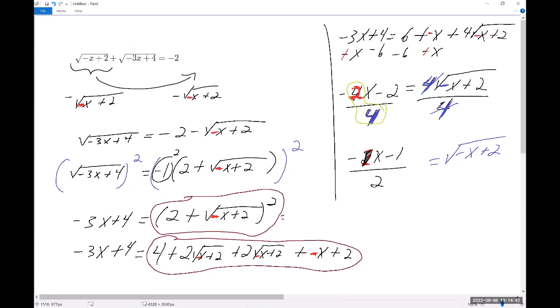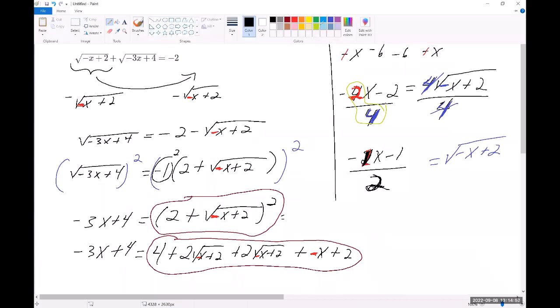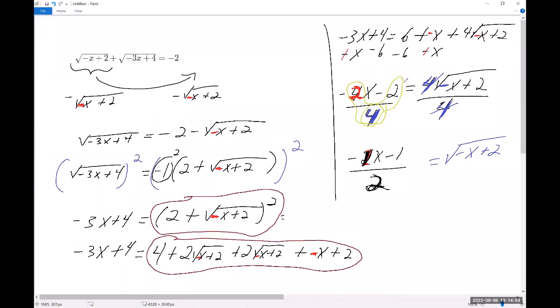So this is 1/2. And the same over here. 2/4 gives me 1/2. So in other words, this is negative x minus 1/2.